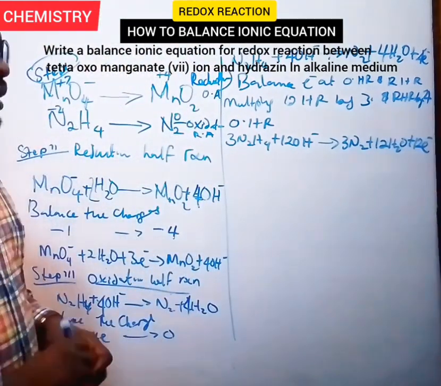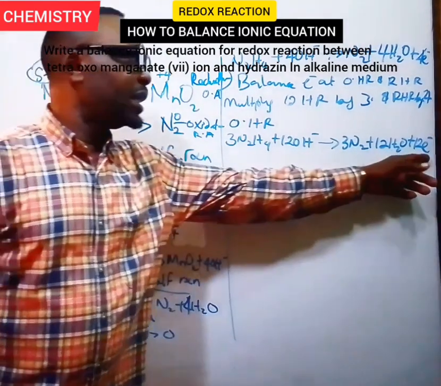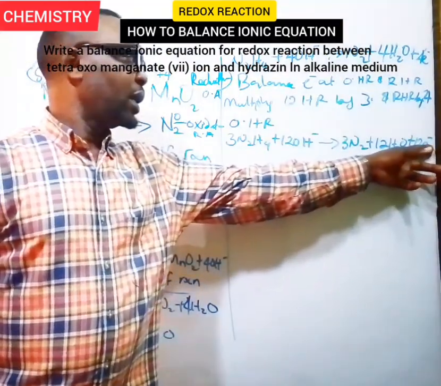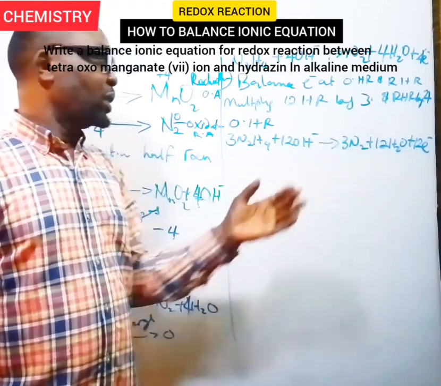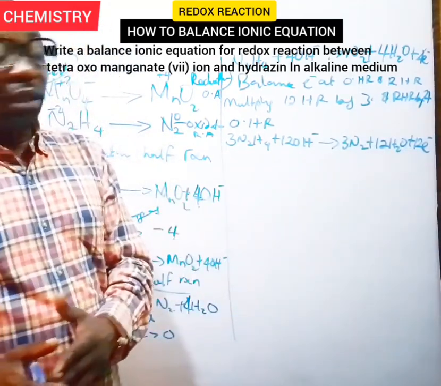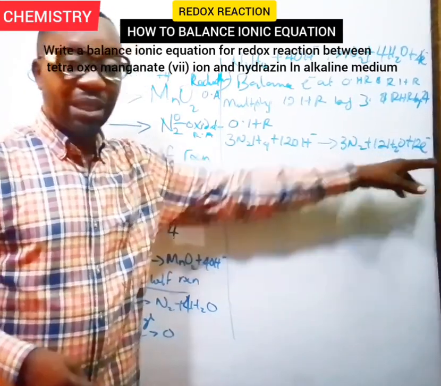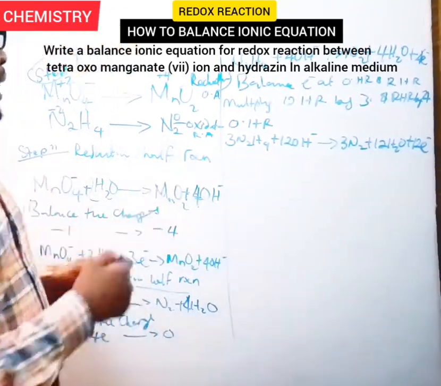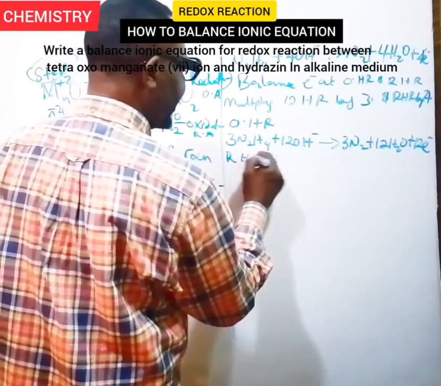Why are we doing this? We are interested in eliminating these electrons, that is, the electrons at the reactant side and those at the product side must balance each other.